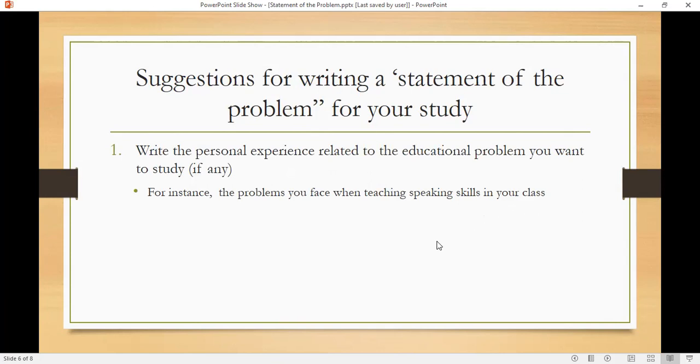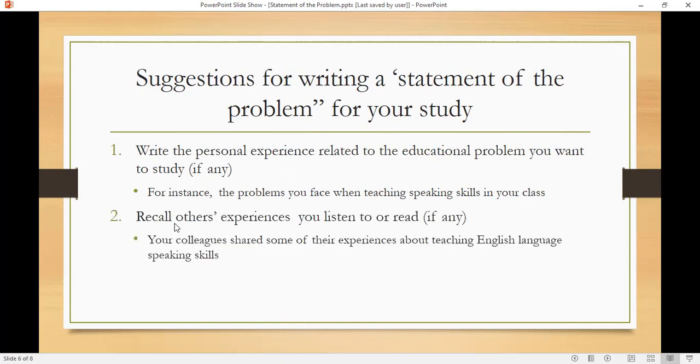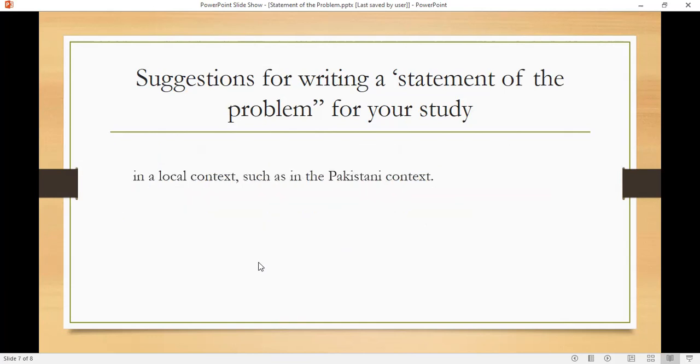You can start with those problems that you have experienced or may still be experiencing while teaching speaking skills in your classroom. Second, you can recall others' experiences you listened to or heard, if any. For example, your colleagues shared some of their experiences about teaching English language speaking skills, and you can recall the problems they shared while they taught. You can take that also as a statement of problem.